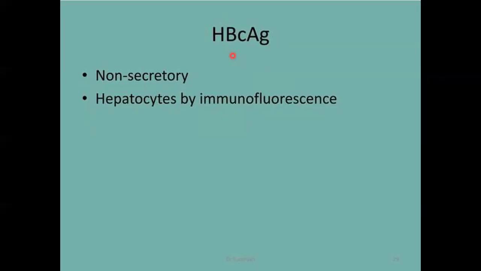You can never detect this in plasma or in the serum. Okay, the reason is it is an intracellular antigen, so it is found within the hepatocytes, detected by immunofluorescence. So in plasma, you will not find this. That is the first thing out of the way.